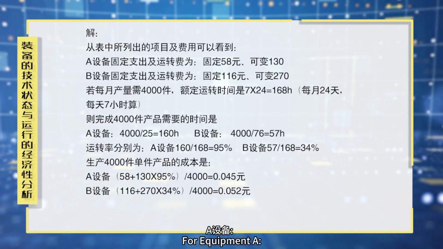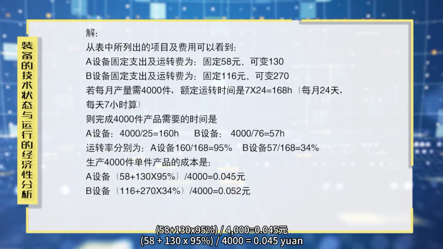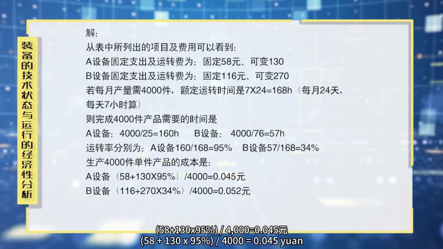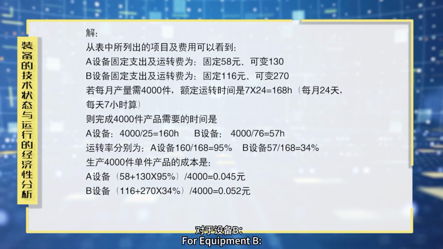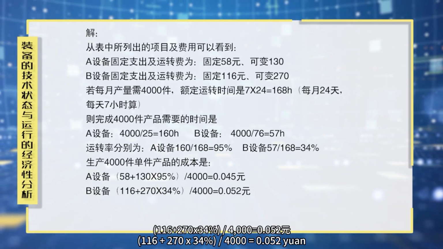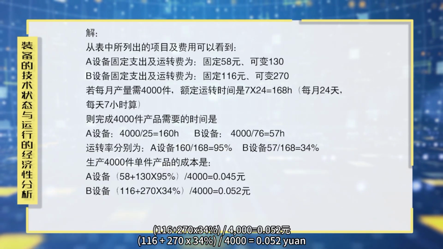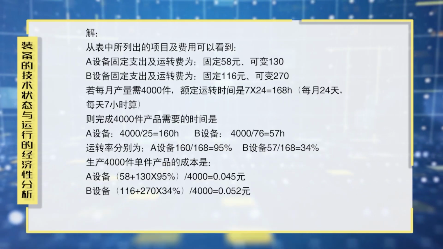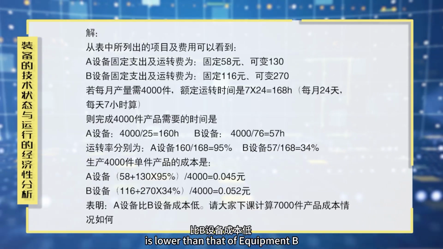For equipment A, 58 plus 130 multiplied by 95%, all divided by 4,000, equals 0.045 UA. For equipment B, 116 plus 270 multiplied by 34%, all divided by 4,000, equals 0.052 UA. This shows that the cost of equipment A is lower than that of equipment B.